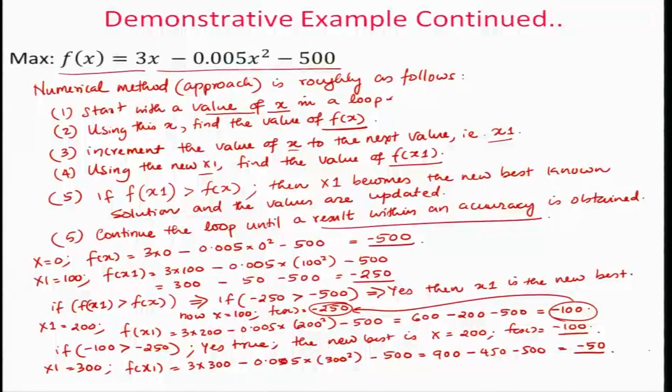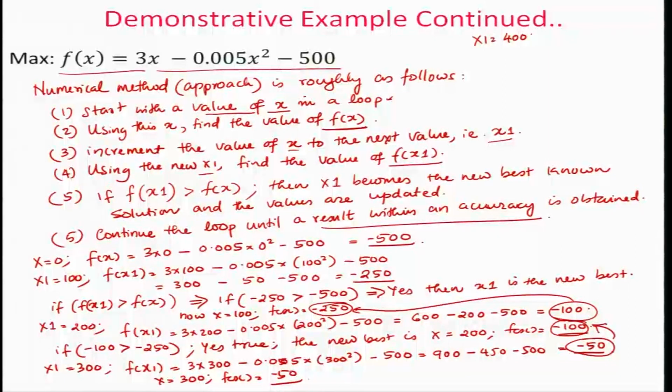So, now minus 50 is larger than minus 100. So, your new x will be equal to 300 and f of x will be minus 50. Okay. Now, do we stop here or do we continue? So, now we will take the next one, which is x1 equal to 400.